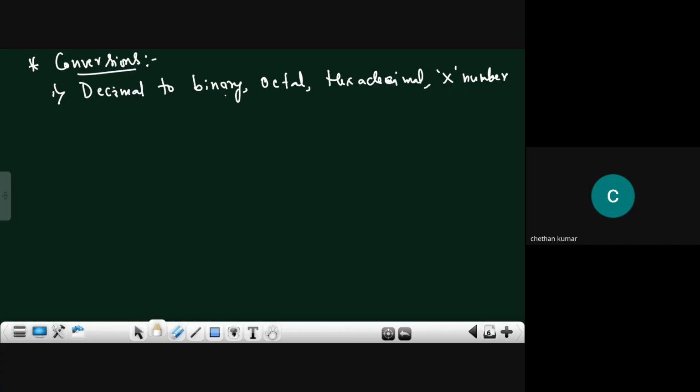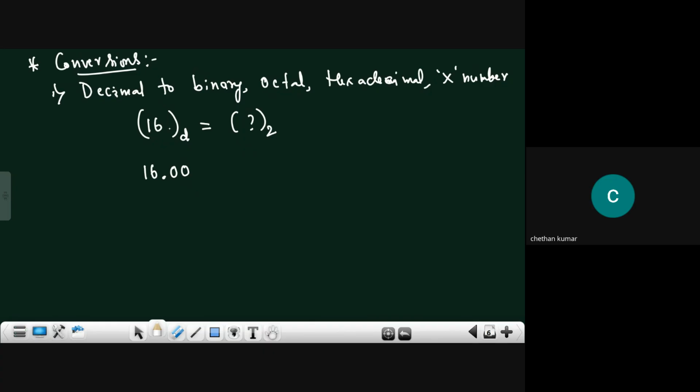Suppose my number is 16 in decimal, and I want to convert this into binary. What I have to do? If you look at a decimal number, I can represent it like this. What is this dot? Decimal point.